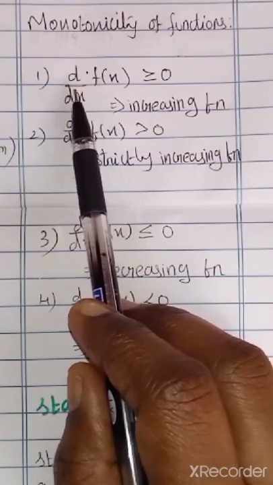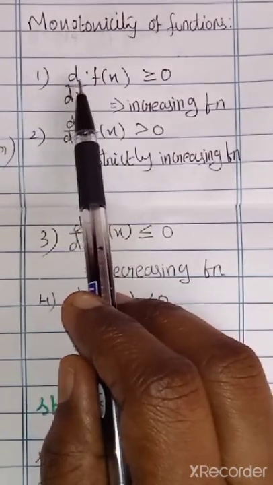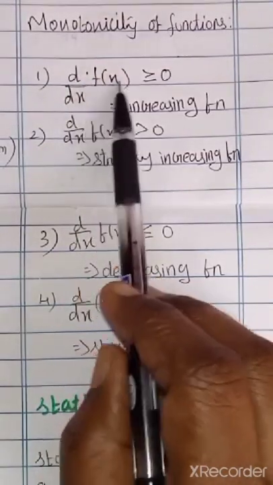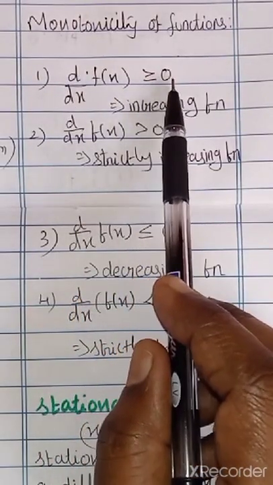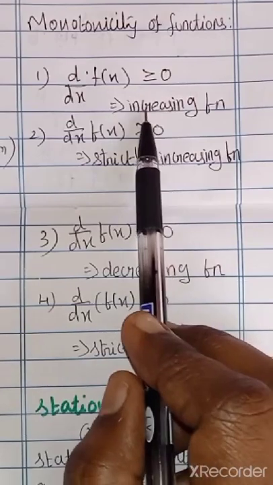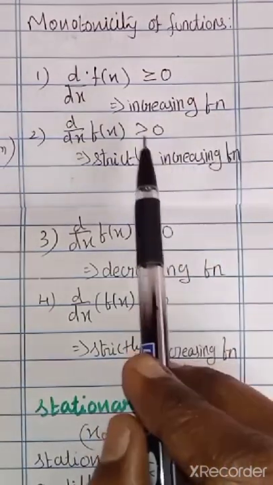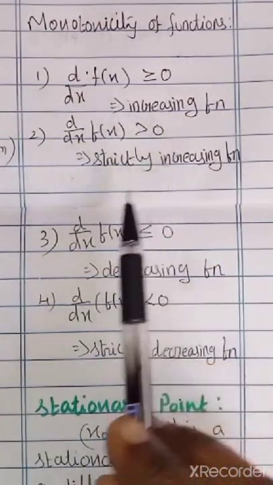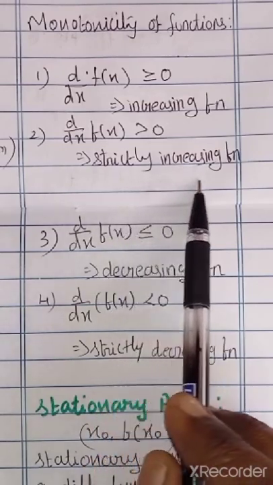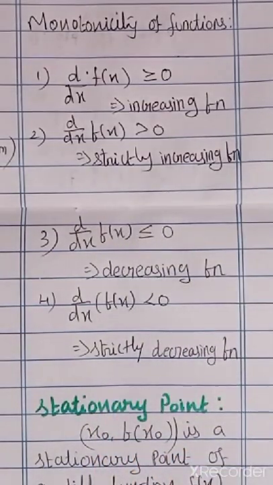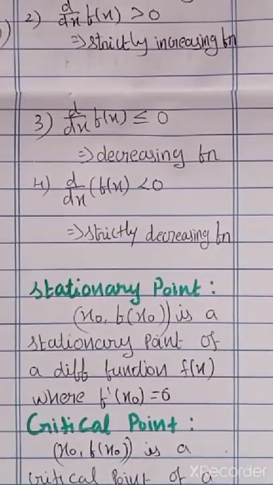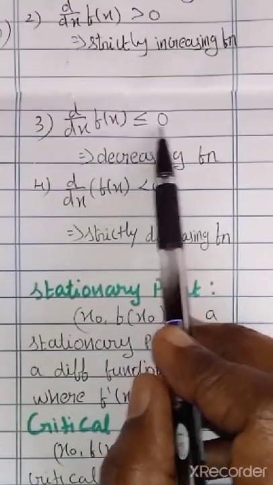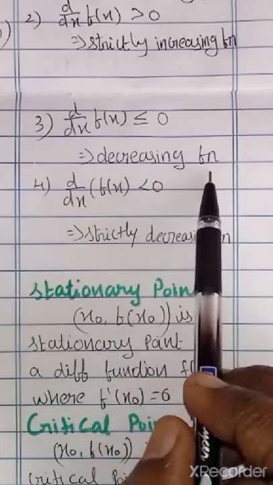So first, if we take the given function and differentiate it, if it is greater than or equal to 0, then you can say it is an increasing function. If it is only greater than 0, then you can say it is a strictly increasing function. Similarly, if you differentiate the given function and the answer you get is less than or equal to 0, then it is a decreasing function.